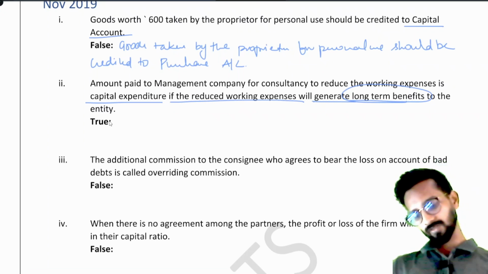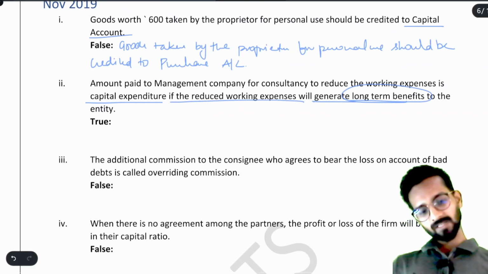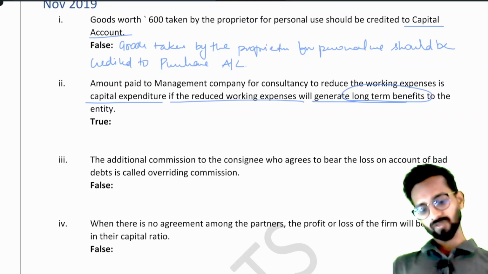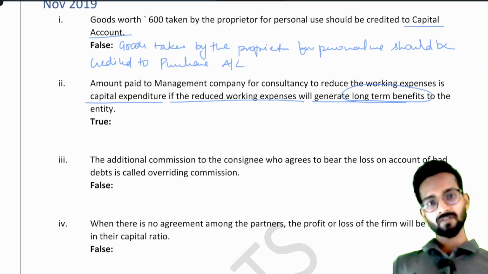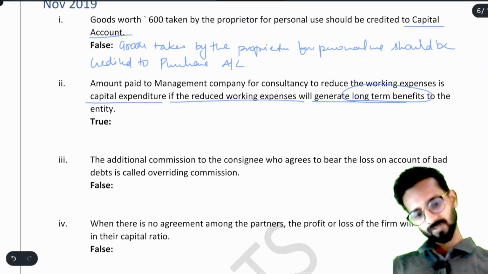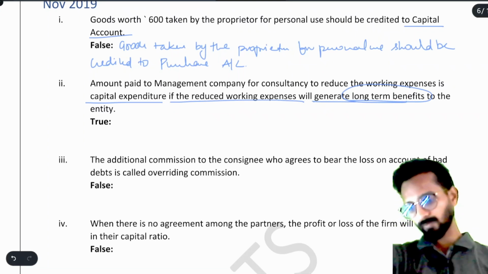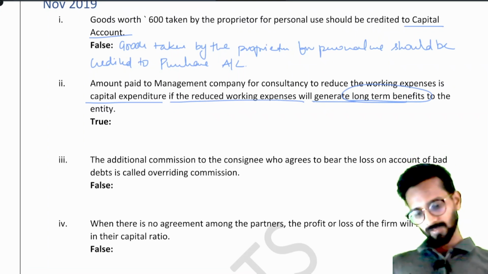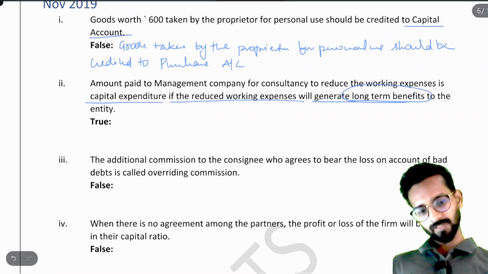Okay, now it is true and you can write here. In that series, in that particular video, we have only discussed capital and revenue expenditure, okay, with so many capsules covering ICAI study materials also. Now we'll write the answer for this, the statement is true and we will write it.